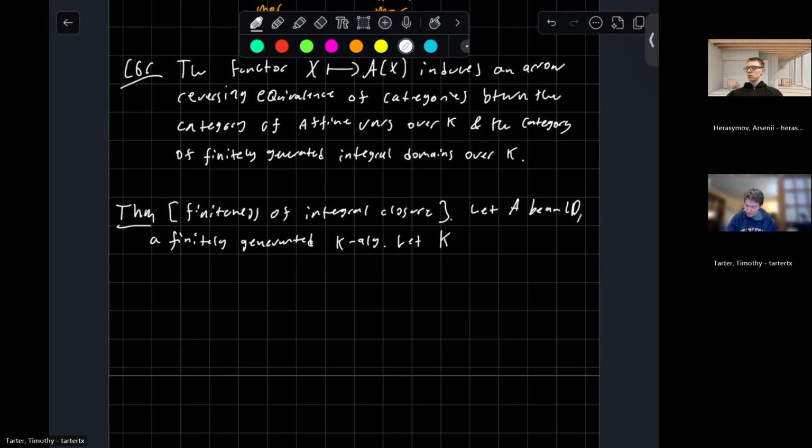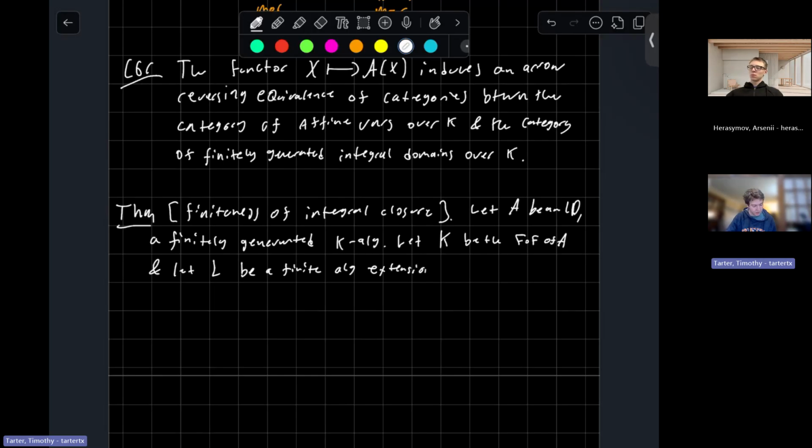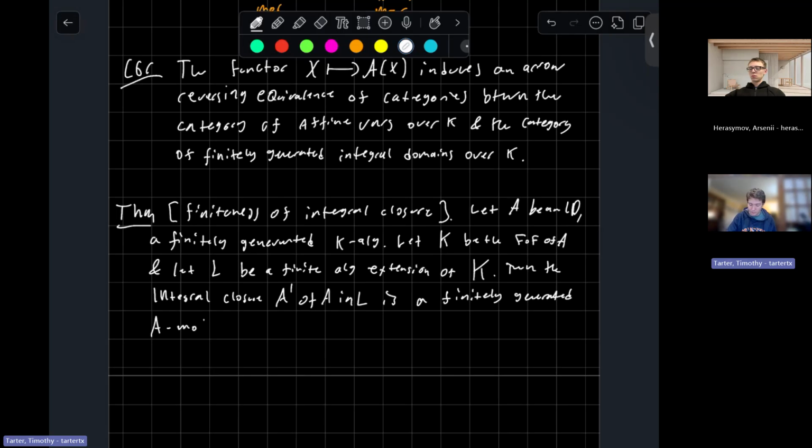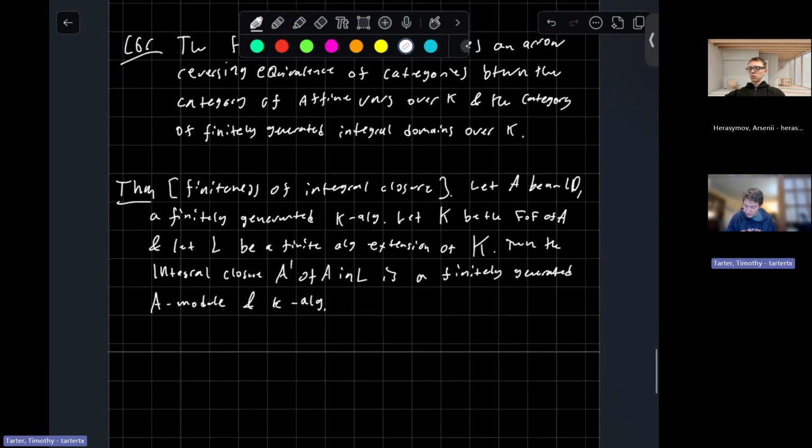Let capital K be the field of fractions of A, and let capital L be a finite algebraic extension of K. Then the integral closure A prime of A in L is a finitely generated A-module and K-algebra.